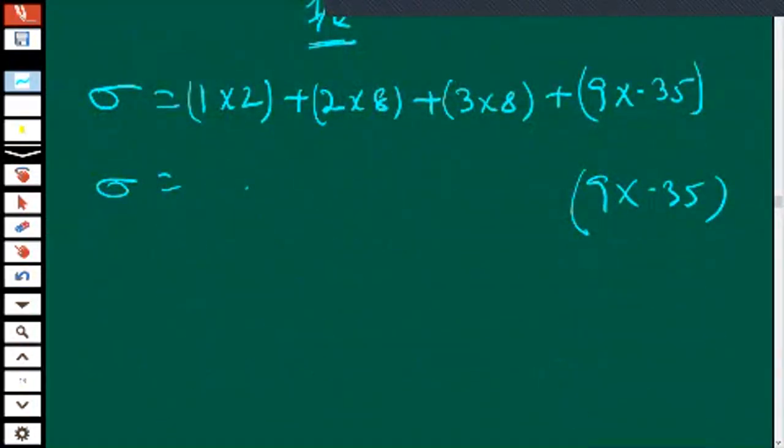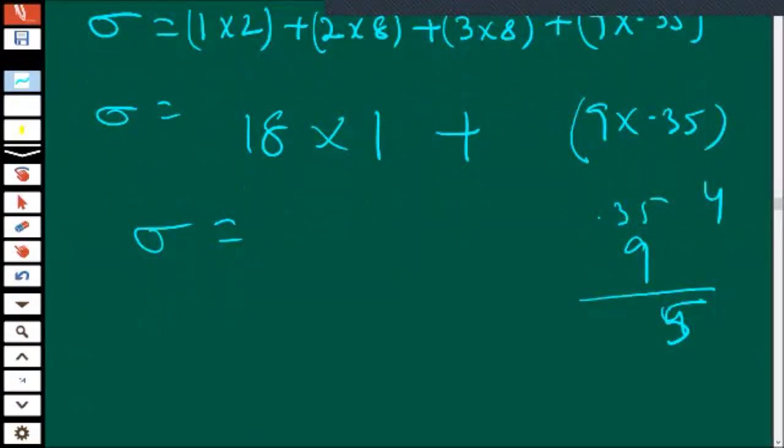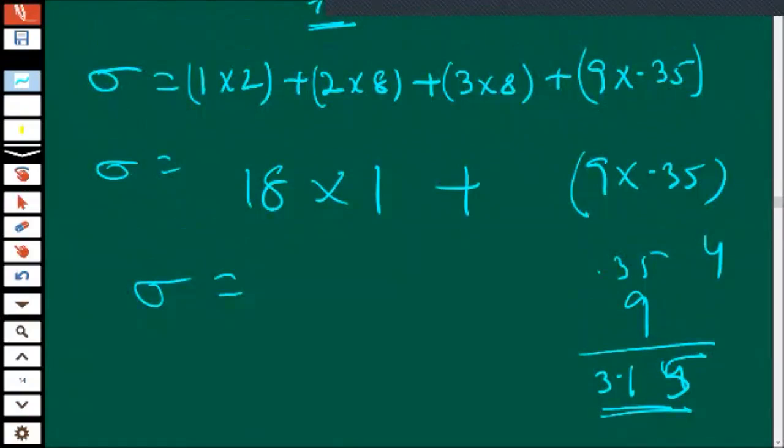So we can write directly 18 into 1. So sigma will become, first you multiply 9 into 0.35. 9 fives are 45. See, what is the value of 9 into 0.35?